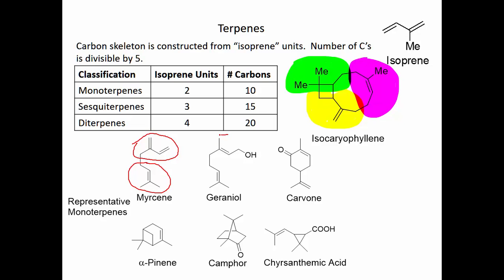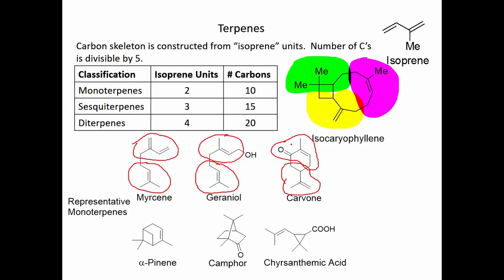Geraniol, same arrangement as myrcene basically of the isoprene units. And carvone, we can do the isoprene units this way. But that's not the only way we can do it in carvone.